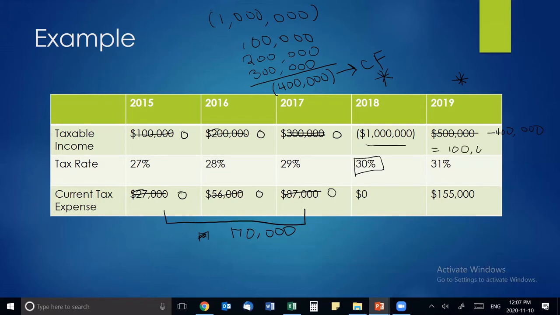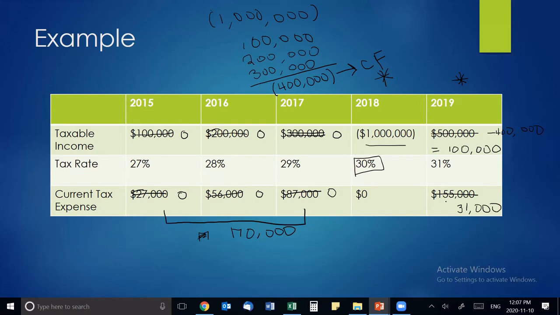So if we're allocating our loss, our taxable income goes down to $100,000. It doesn't go down completely to 0 like the previous years did, because we only have $400,000 of loss left over to carry forward. With a taxable income of $100,000 multiplied by the tax rate, we don't have to pay the $155,000 that we thought we had to pay. We only have to pay $31,000.